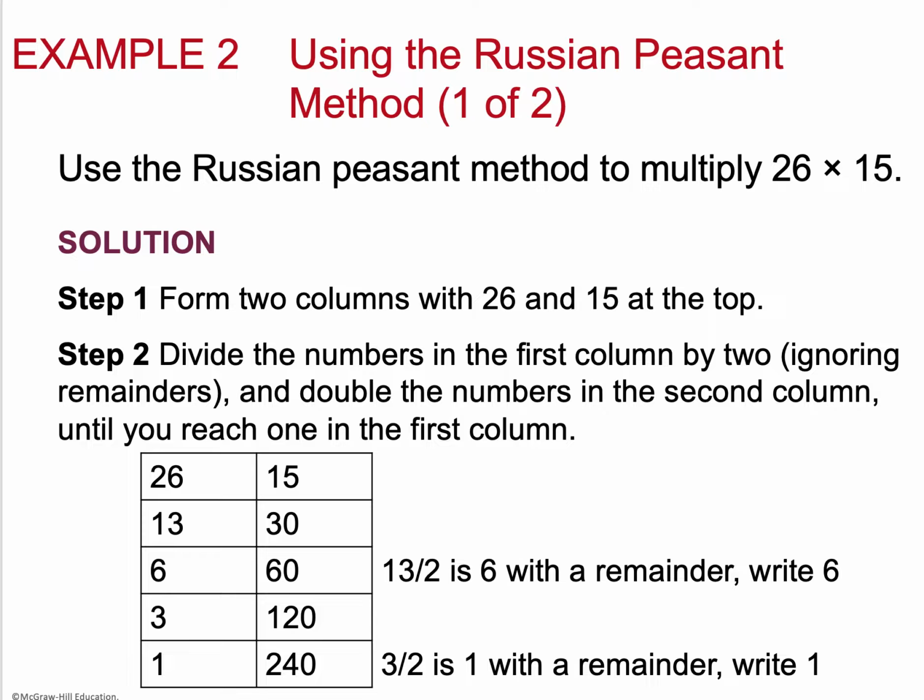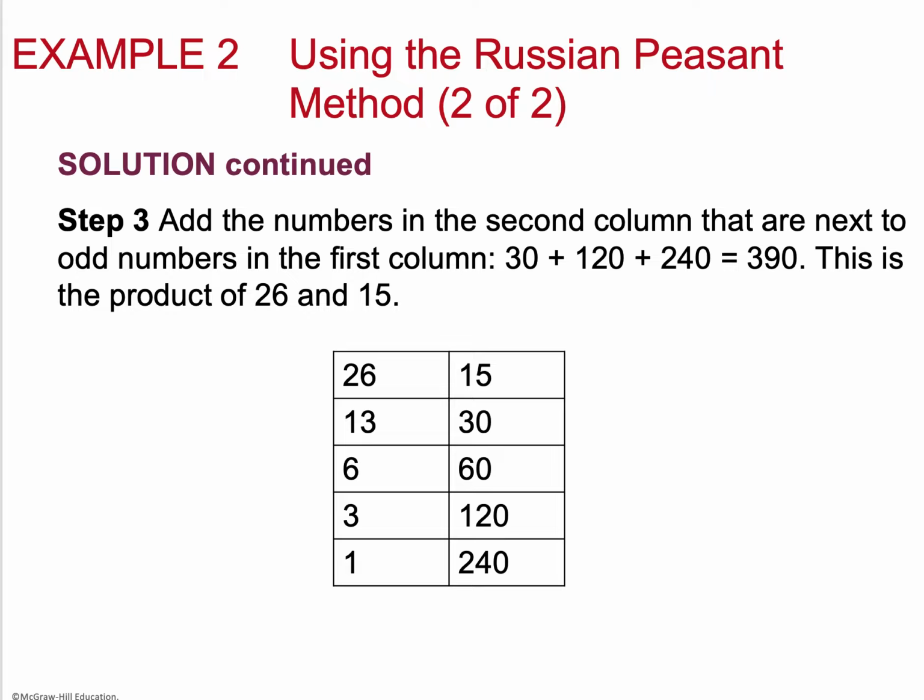So what does this actually look like? So this looks like 26 times 15. So if I look at 26 times 15, I would write 26 and 15 at the top. 26 divided by 2 is 13. 15 doubled is 30. 13 divided by 2 is 6, and 30 doubled is 60. 6 divided by 2 is 3. 60 doubled is 120. 3 divided by 2 is going to be 1 with a remainder, but we're going to ignore that remainder, and 120 doubled is 240.